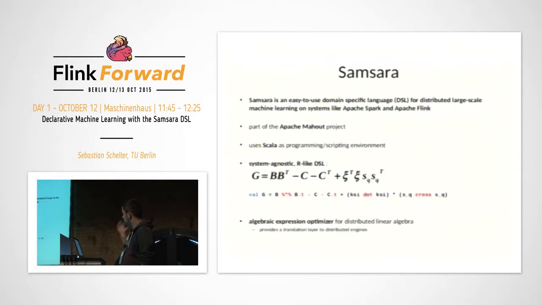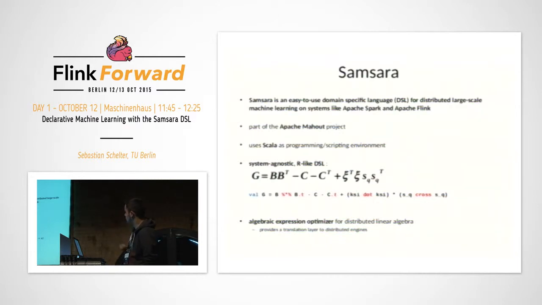So you get a programming and scripting environment based on Scala. And the idea is that you have a DSL that is on the one hand system agnostic, so you can run it on many parallel systems, and that allows you to program in a way that is very close to the actual math of the algorithms that you're implementing. So I have an example here.